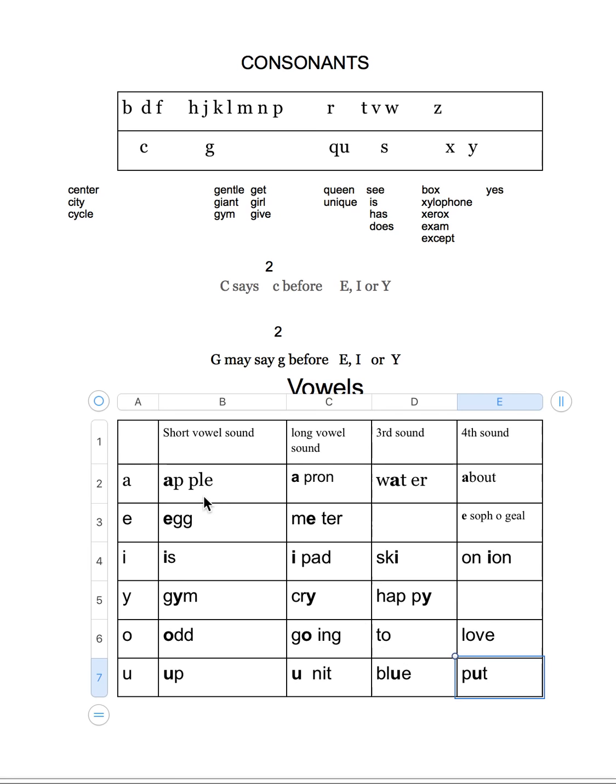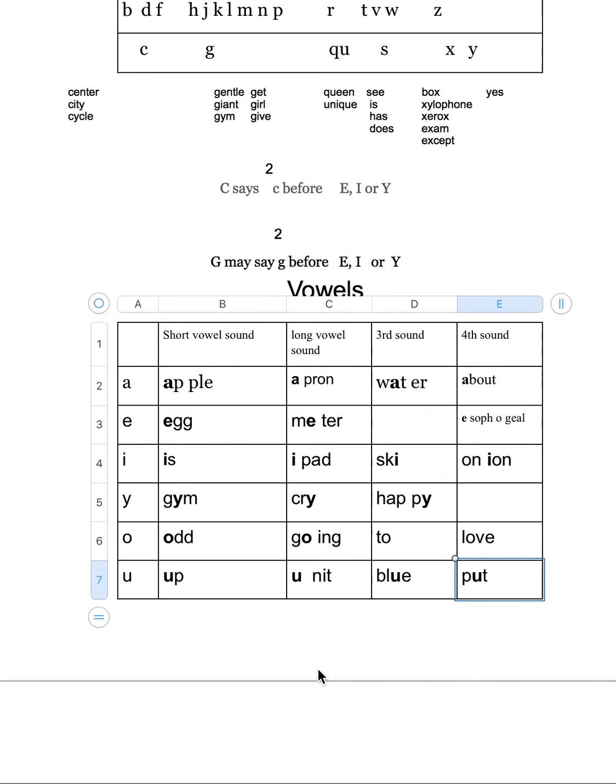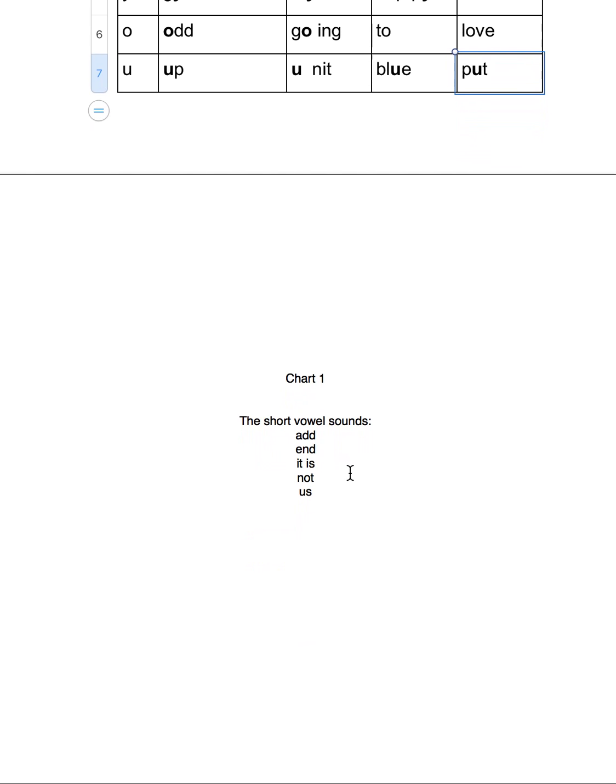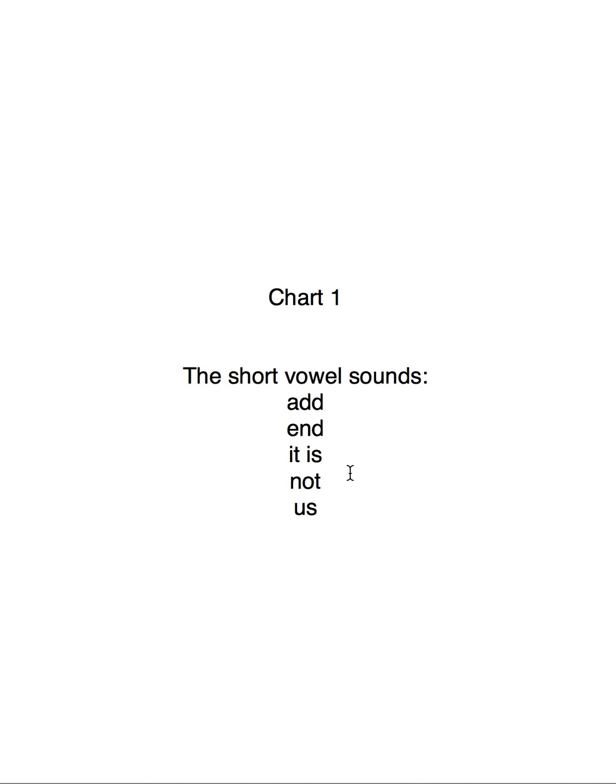The rest are all repetitions of these 5 short vowel sounds and the 5 long vowel sounds. Here's a good way to practice those short vowel sounds: a, and, it, is, not, us.